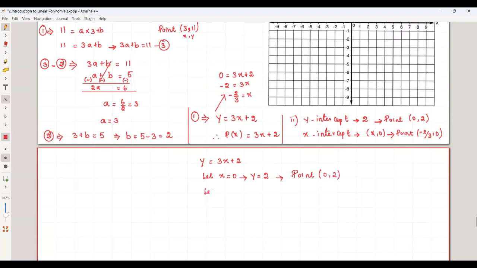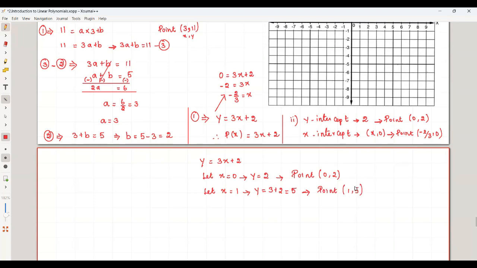Next, let x is equal to 1. Then y is equal to 3 into 1, which is 3, plus 2, which is equal to 5. Therefore the point will be 1 comma 5.